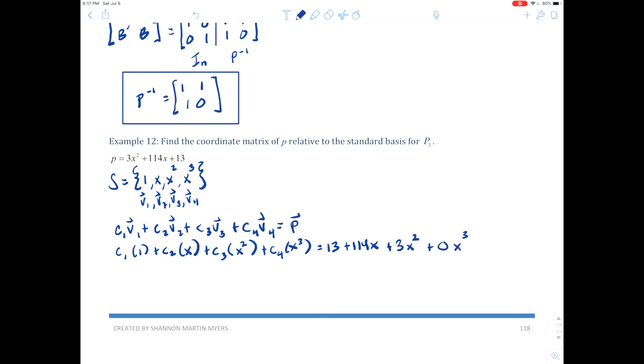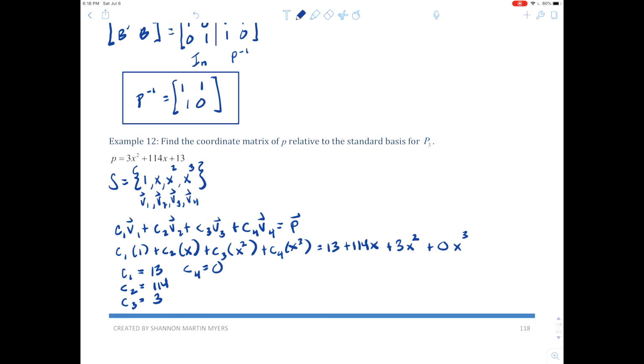Cool so far? So, I need to match up the coefficients. So 1c1, right, has to equal 13. And then c2 has to equal 114. c3 has to equal what? 3. And c4 is going to equal 0.